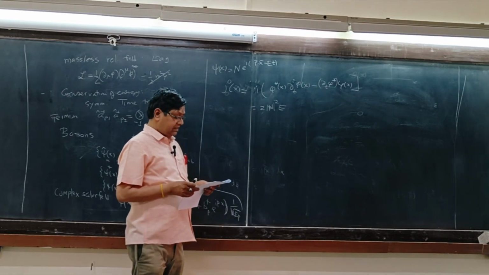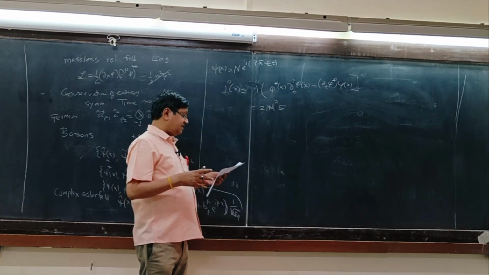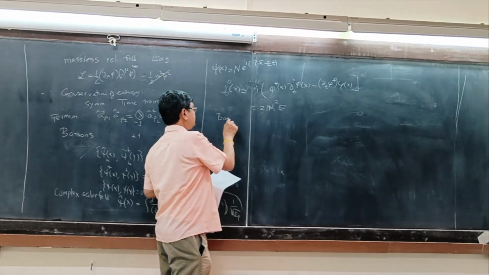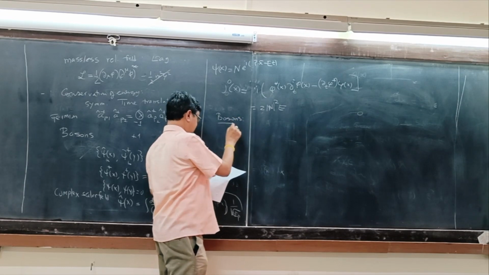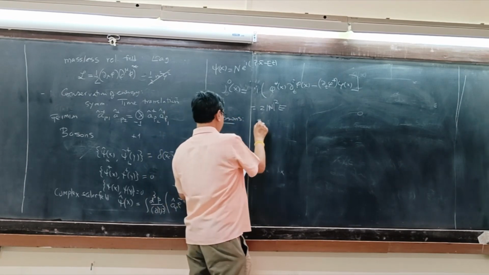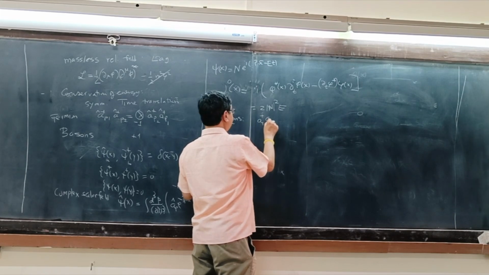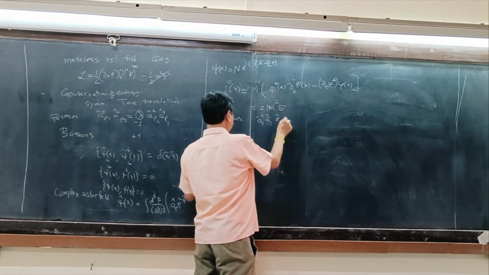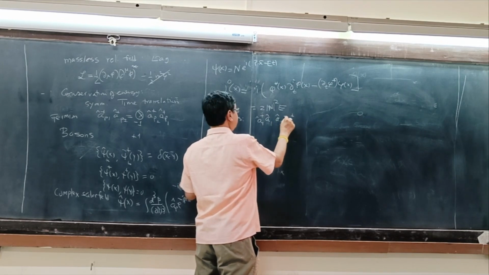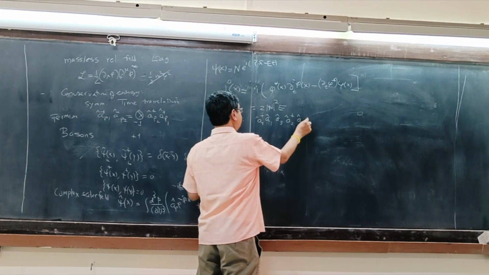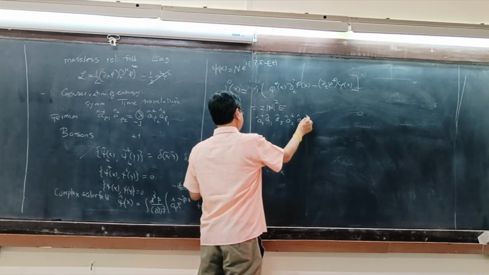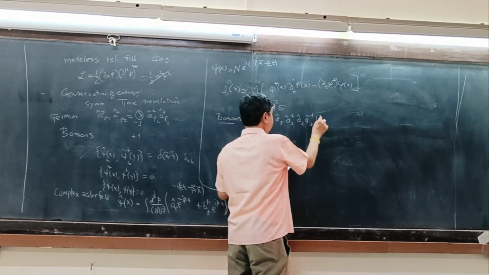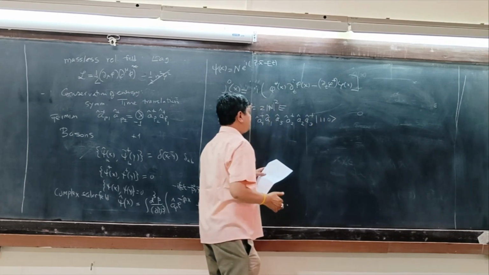Okay, the next one is slightly tricky. Well, it's not tricky. This one is not tricky. The other one is more tricky. So for bosons, you need to evaluate A1 dagger A1, A3, A2 dagger, A2, A3 dagger acting on the state 1, 1.